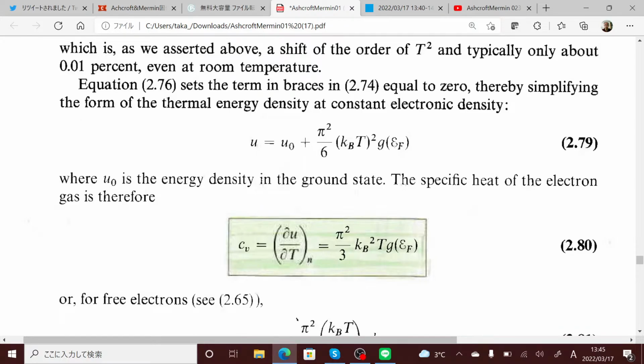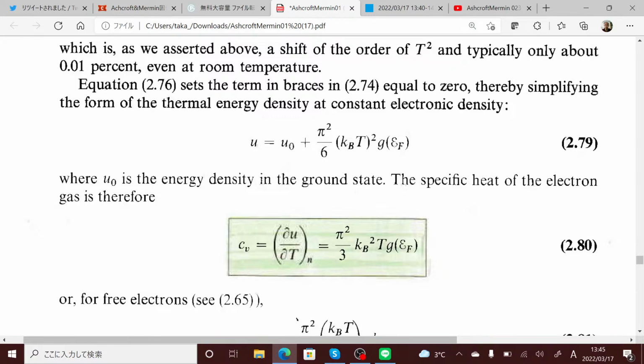U equals U0 plus pi squared over 6 (kBT) squared times G of epsilon F, where U0 is the energy density in the ground state.